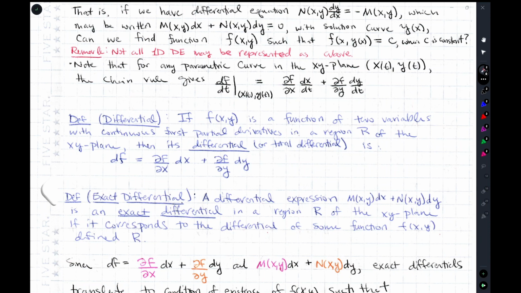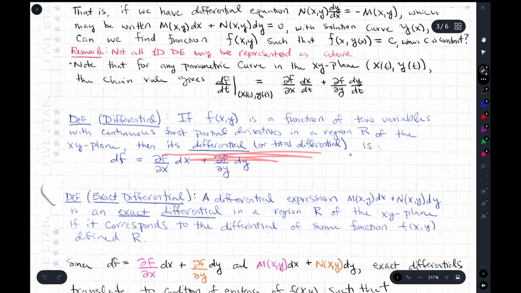So a definition: if f(x, y) is a function of two variables with continuous first partial derivatives in a region R of the xy plane, then its differential, or sometimes called total differential, is written this way, okay? That's why I brought up the chain rule, because if you multiply right and left by dt, at least formally, you could cancel out these t's, and you're left with this, okay?